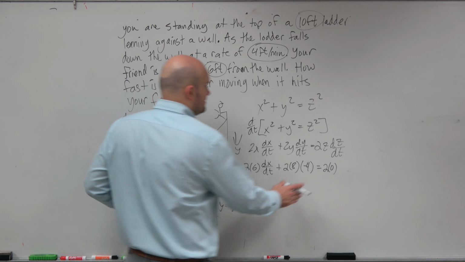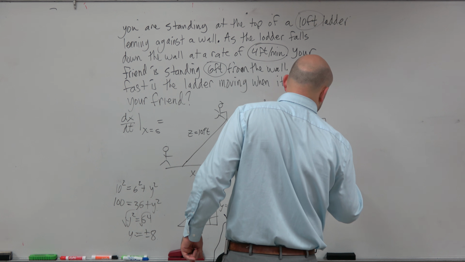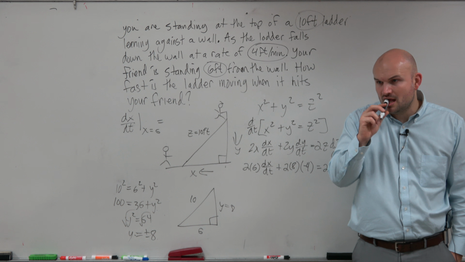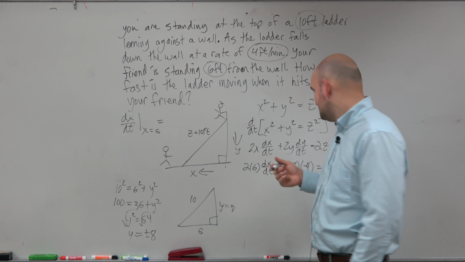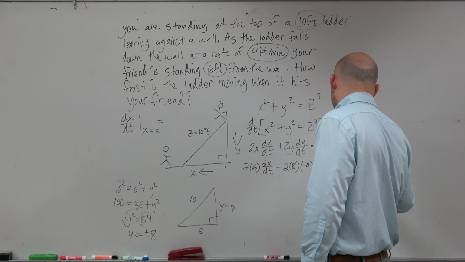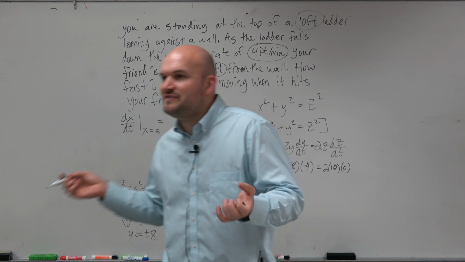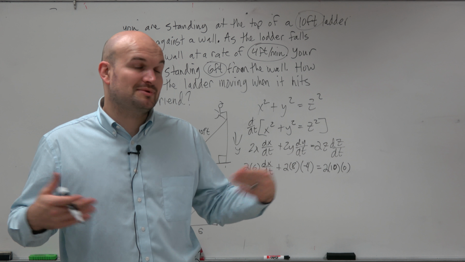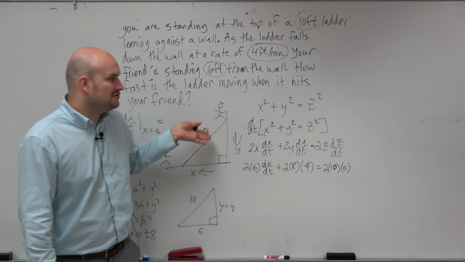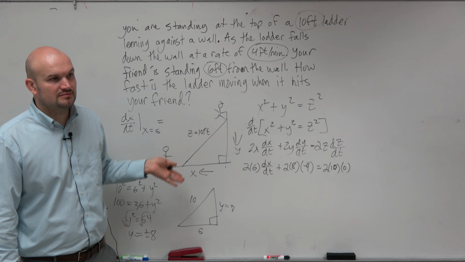I'm sorry, z is 10. Is the length of the ladder changing? No, right? So that's going to be 0. Anytime you have a fixed length, we could have skipped along this much faster if we wanted to, but anytime you have a fixed length, you know that the length is not changing.